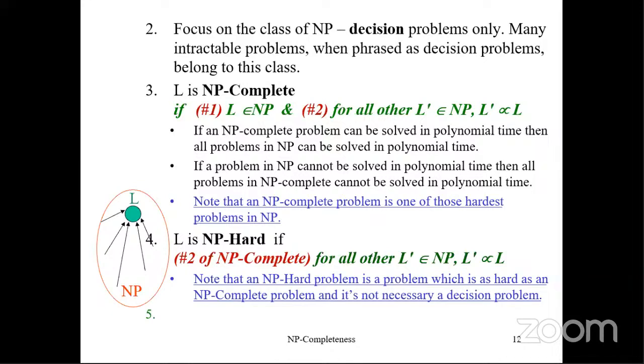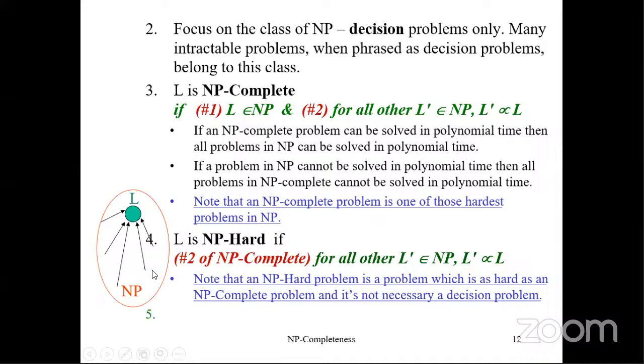L is NP hard if for all other values of L that are also existing in NP, then for all other NP prime, which are elements of NP, L prime is also transformable to L. And that justifies that if you look at it here, this is the NP.